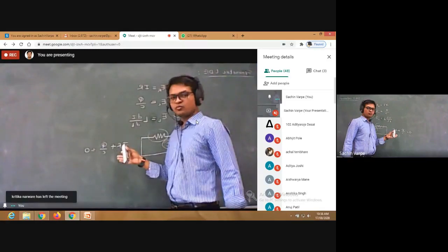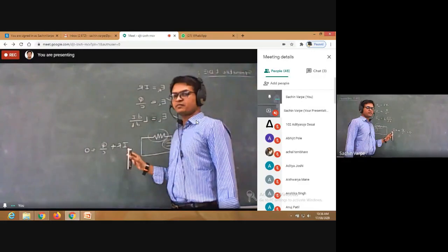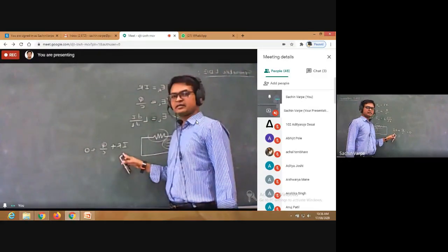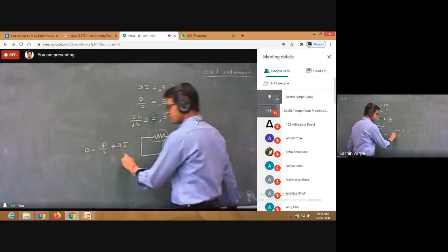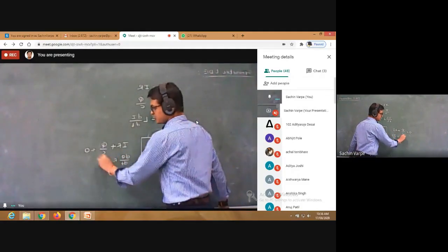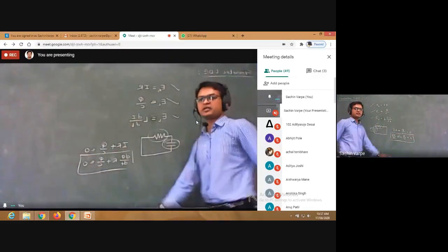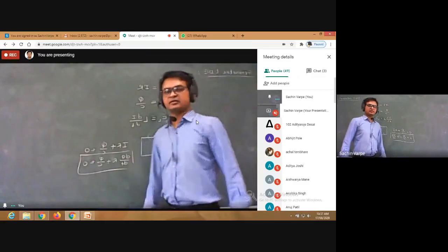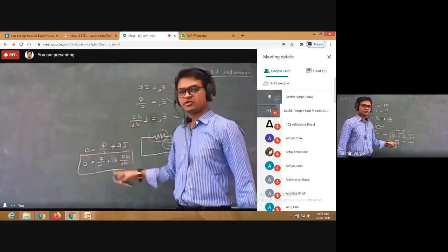With this, I can form a differential equation. How? I know that current is the rate of flow of charge. I can write I in terms of Q, so dQ by dt times R plus Q by C is equal to 0. This is a linear differential equation in Q. Q is the dependent variable, and the independent variable is t.